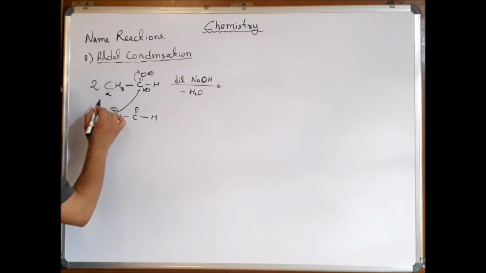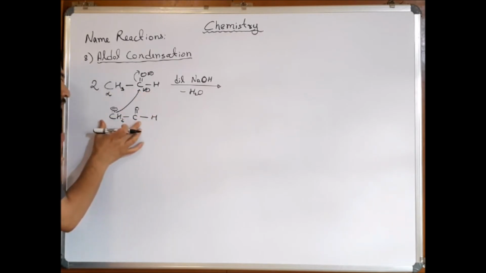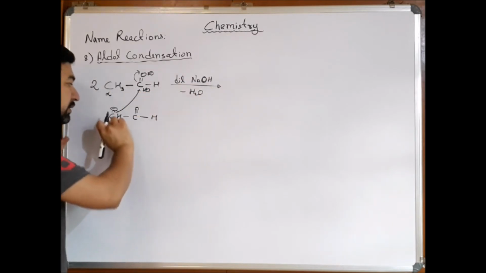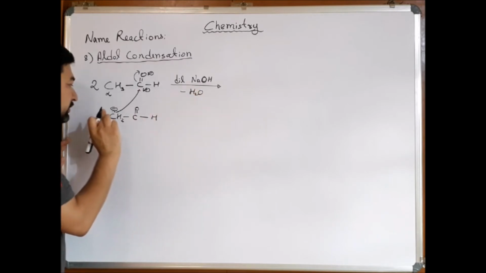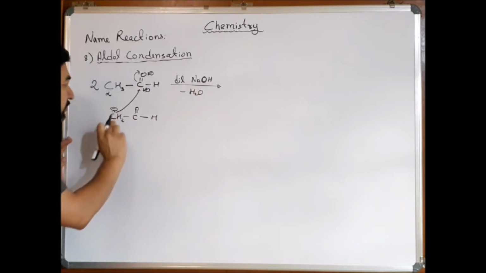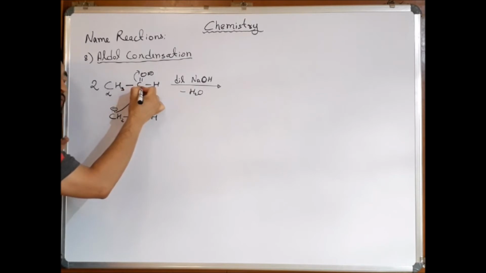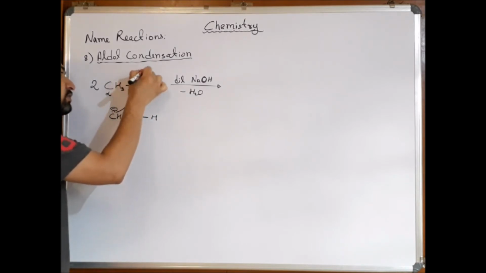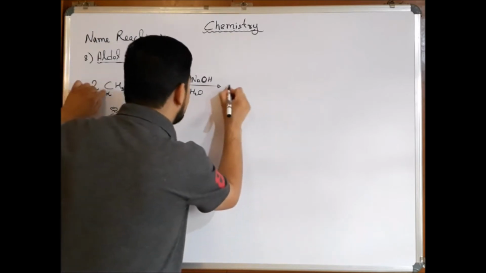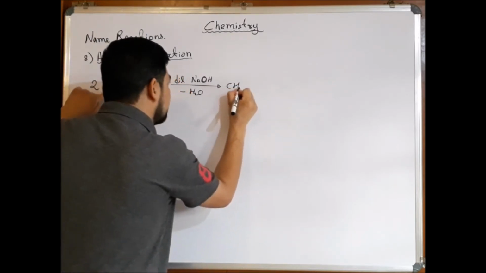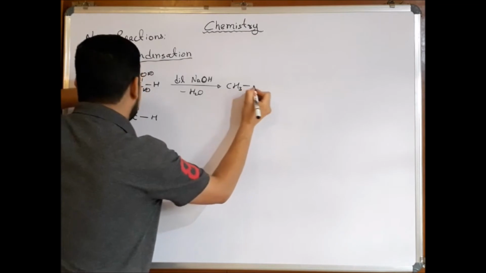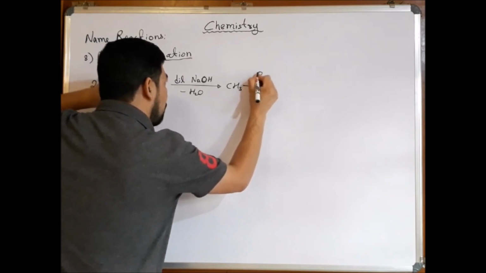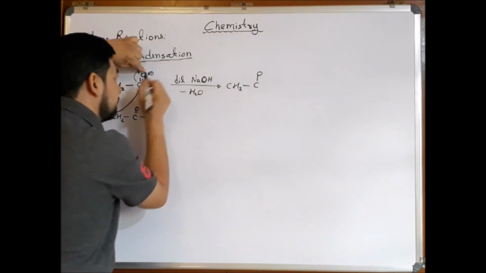Now, since there are two molecules, one molecule will abstract one of the alpha hydrogens. It remains a carbanion, and this carbanion will attack the carbonyl carbon, and one of the bonds shifts. We draw the structure from here: copy CH3, then C, O, which becomes O negative here.